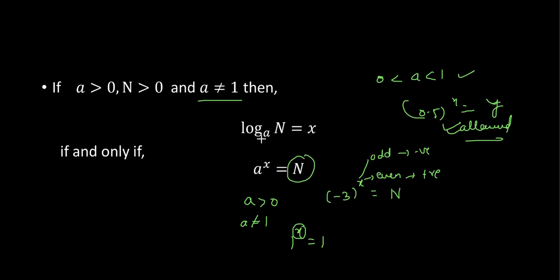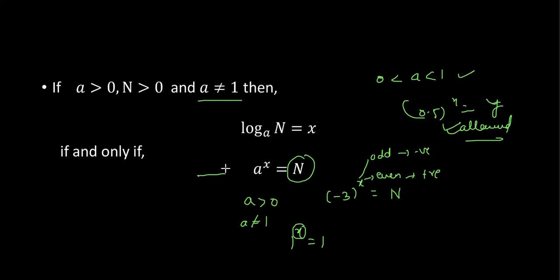Because we are defining a function which is applicable to every value, there should not be any discontinuity, or any doubt or ambiguity in the value of x. If n were negative, then the exponent would need to be odd or even, so various complexities are introduced. So we say that logarithms of only positive numbers are allowed. So this n should be positive.